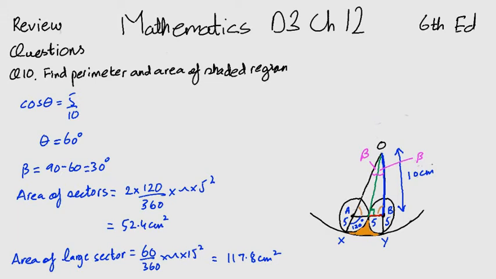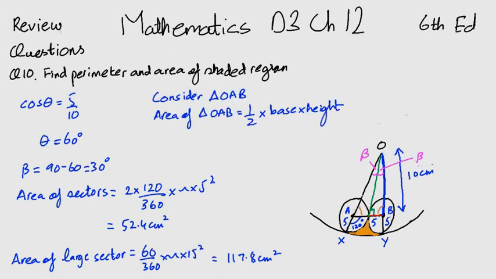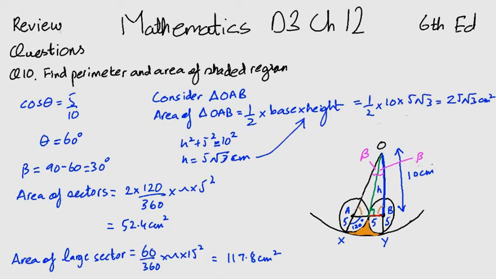So now consider the triangle OAB. Half into base into height. Now we know the base, this is 10, but the height, the green line, we don't know that. So it's very easy, we can use Pythagoras theorem. The height h has to be 5 multiplied by root 3, and we put that into the expression for the area of triangle OAB.